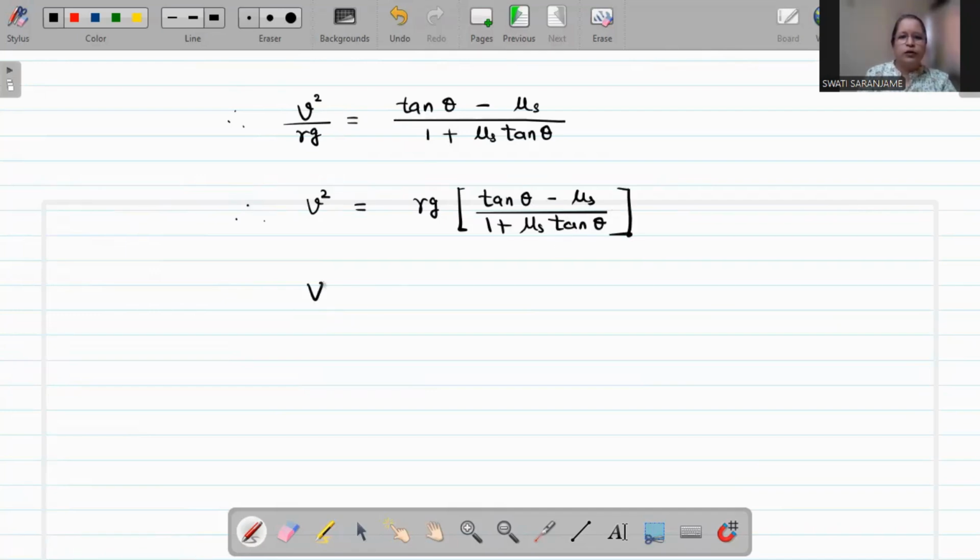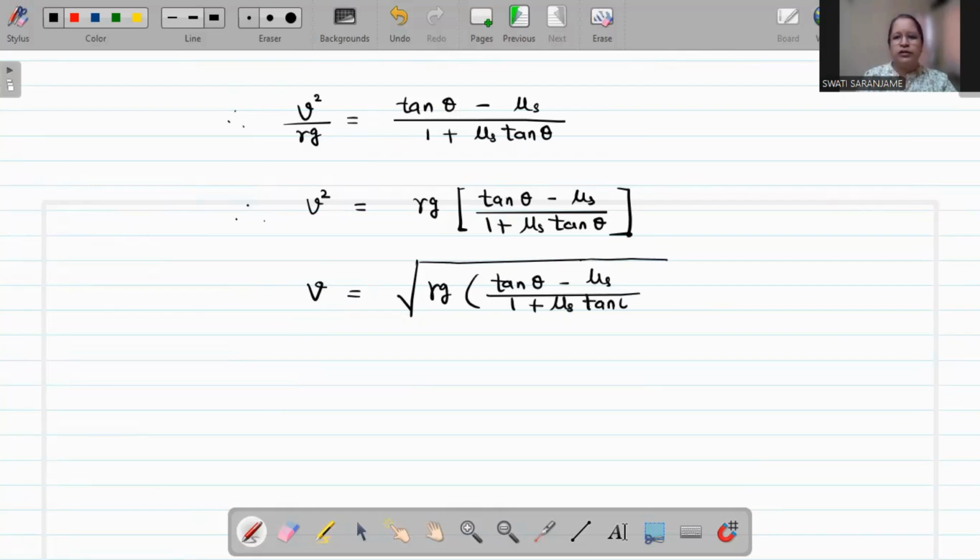Taking the square root on both sides, we have V is equal to, which is our required expression, under root Rg times tan theta minus mu s upon 1 plus mu s tan of theta.